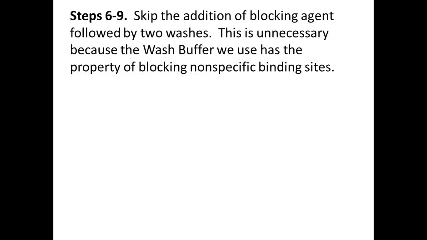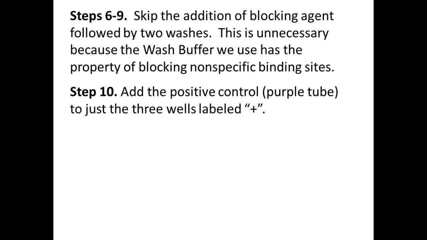All right. So we're not doing the blocking that's indicated in your lab manual. The wash buffer that we use is significant enough to help with the non-specific binding in the wells that may happen. So the first thing that you're going to do now is we're going to add positive controls, right? So you'll have tubes that contain what?